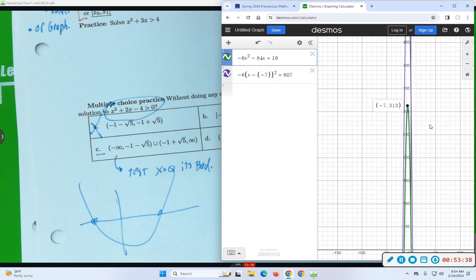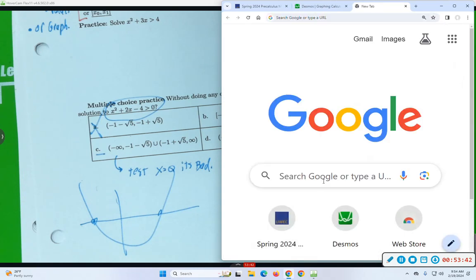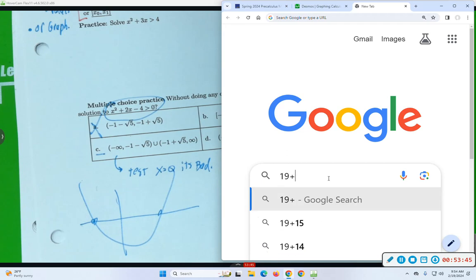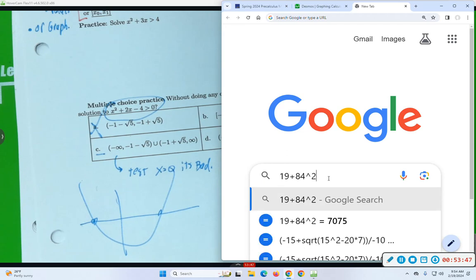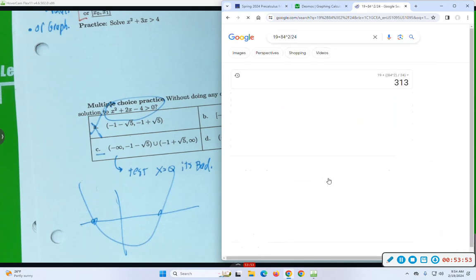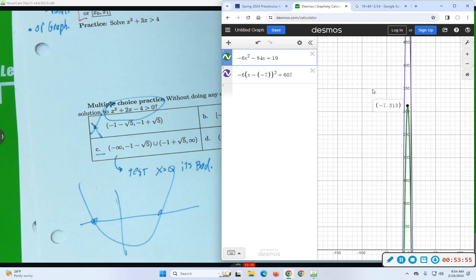That's too big to compute by hand, so 19 plus 84 squared divided by 24. And to check, that C is also the y value of the vertex. Okay, and thank you. I have it written in my notes wrong. I had 2A instead of 4A.